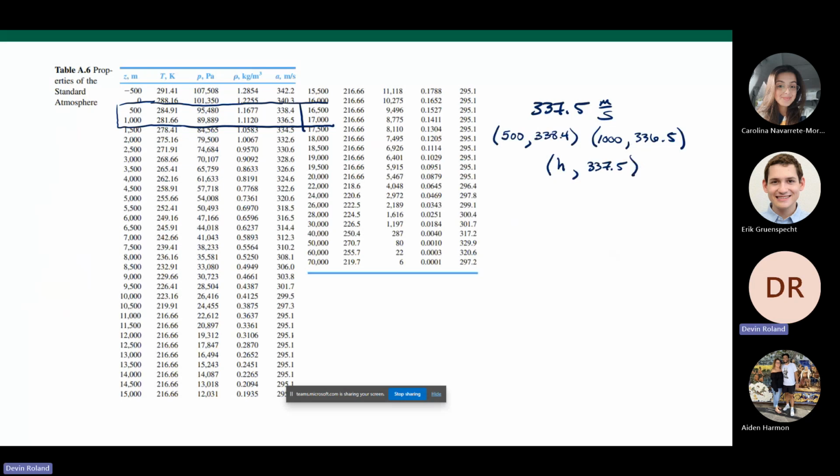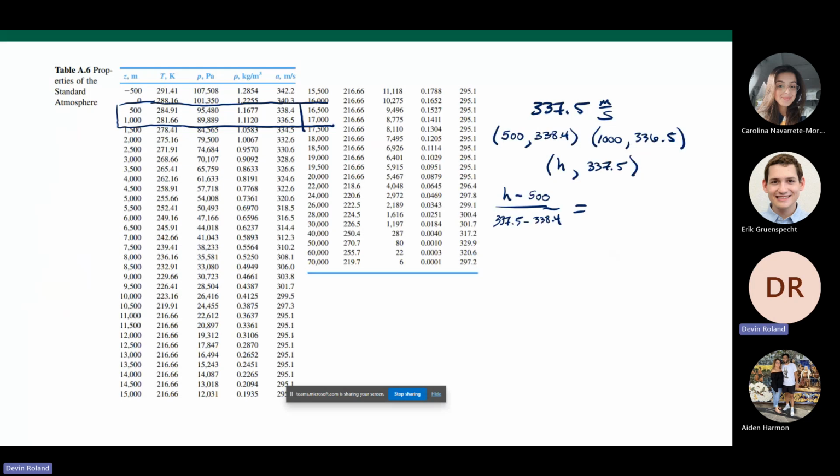Okay, then what we're doing is ratioing the slopes of these points. On the left-hand side ratio, we will have H minus 500 divided by 337.5 minus 338.4.